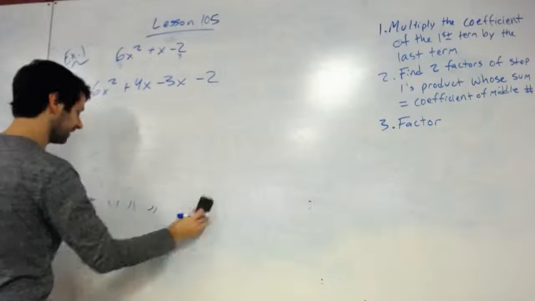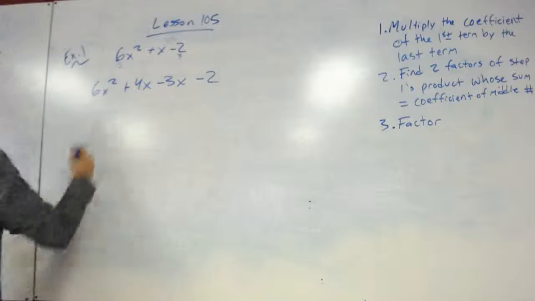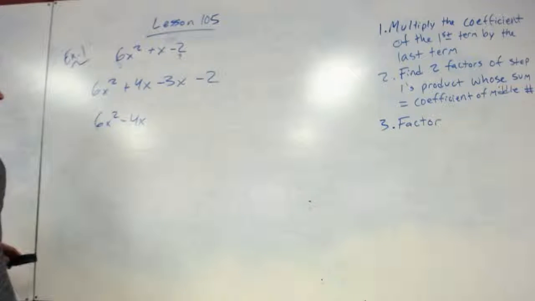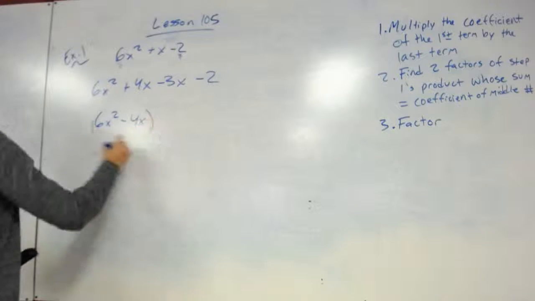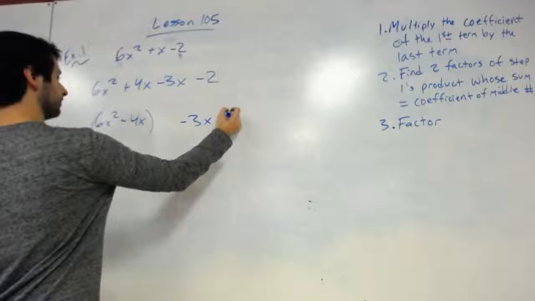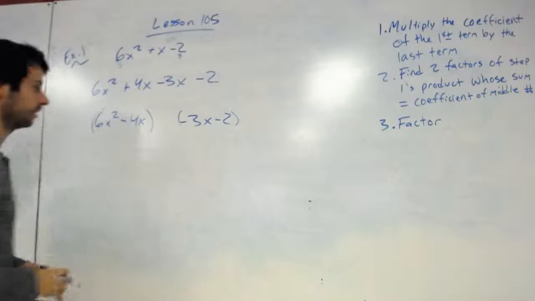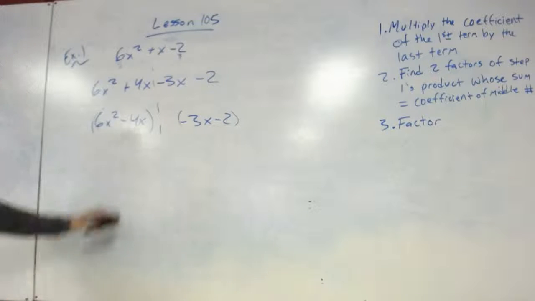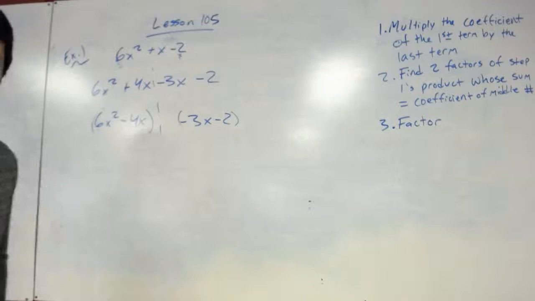How we factor from here is I'm going to break up 6x squared plus 4x, and I'm going to break up negative 3x minus 2. I kind of cut it in half, and I'm going to see what can factor out of both of those.